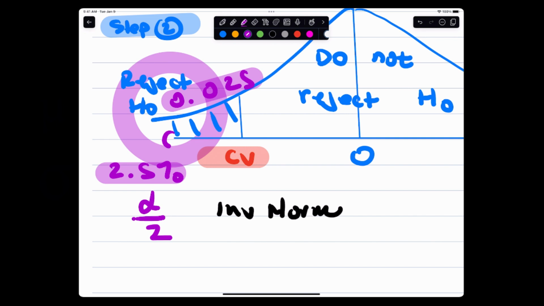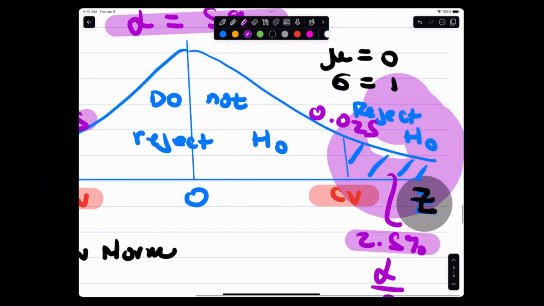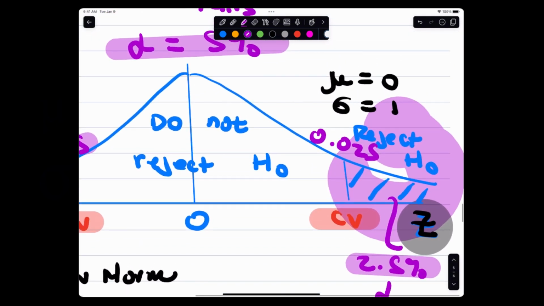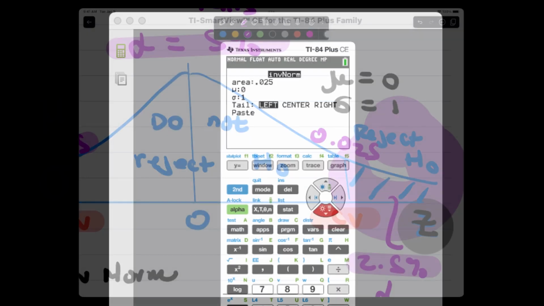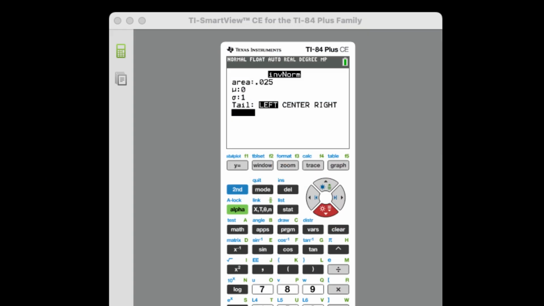Do you guys remember that default on the normal distribution, working backwards? That's when you did inverse norm. It's the same thing, but now it's for the standard normal distribution where the mean is 0 and sigma is 1. And that's why I have left and 2.5%.